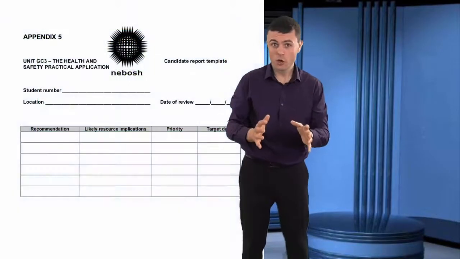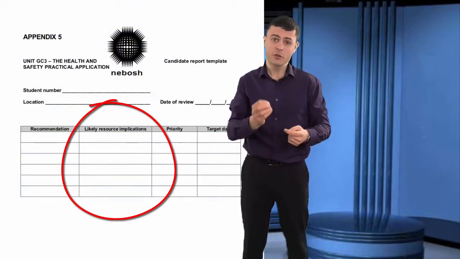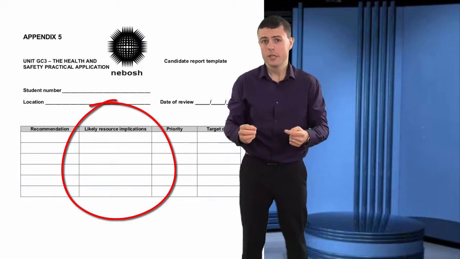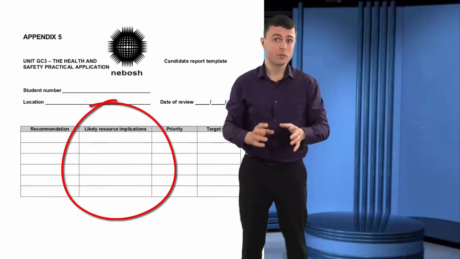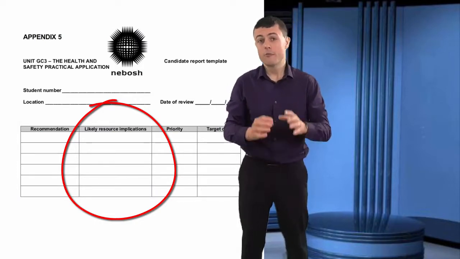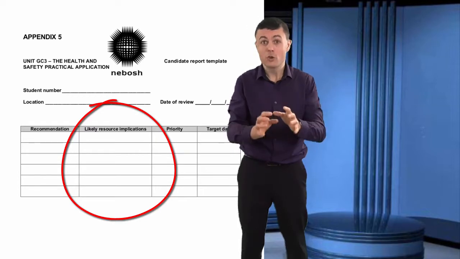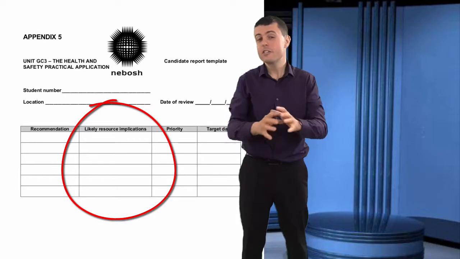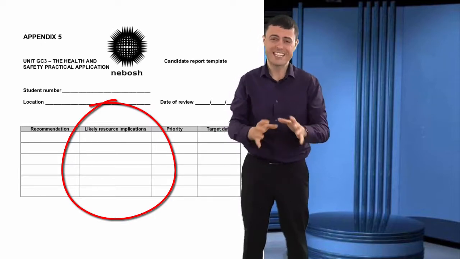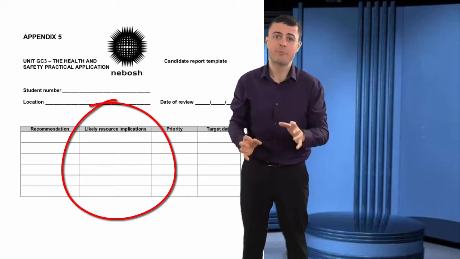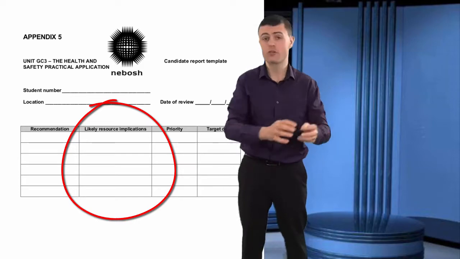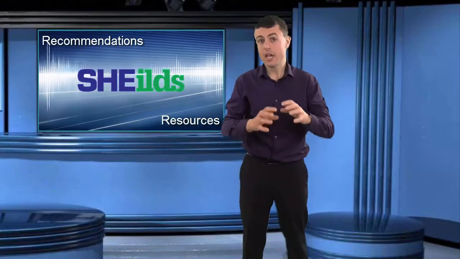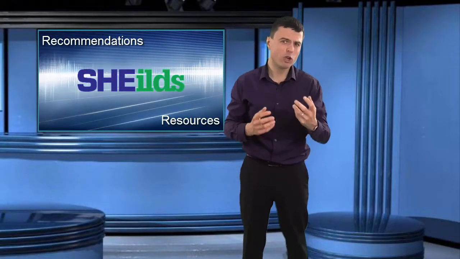In the second column of your recommendations table, you need to talk about the resources. Now, there are a couple of things you need to consider when talking about resources. First, the resource and the cost needs to be proportionate to the level of risk. There is no point making a recommendation that is disproportionately expensive to the risk that you're trying to control. And secondly, it's not just about cost.